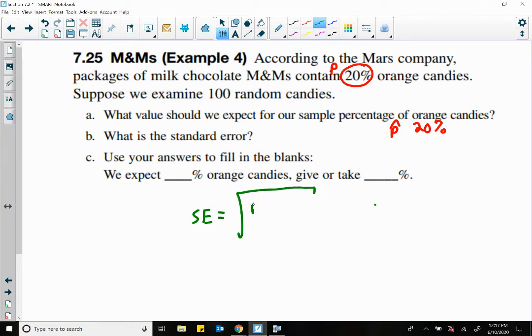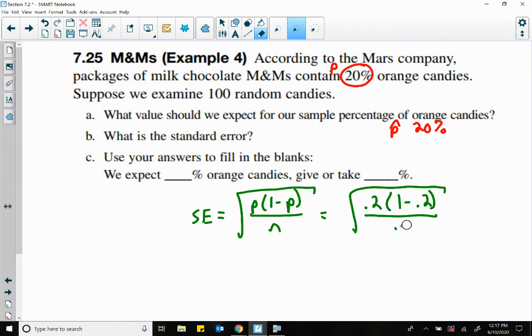And all we're going to do is plug in the p, take 1 minus the p, and divide that by the n. So when you actually plug it into this formula, it's got to be the decimal. Can't plug in the 20. So we're going to put in 0.2 times 1 minus 0.2. Divide that by 100, because that's how many candies we have. This is your n.